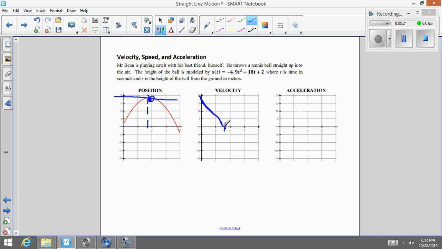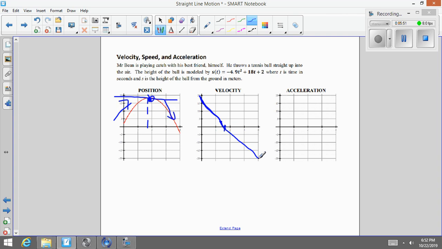And then because the position function is decreasing, here it's increasing, then decreasing, we know that the graph of the derivative would be negative or below the x-axis. And remember, we can also think about our power rule. The position function is a quadratic function, so if I find the derivative of it, I'm going to get a linear function. In this case, the linear function would have a negative slope.